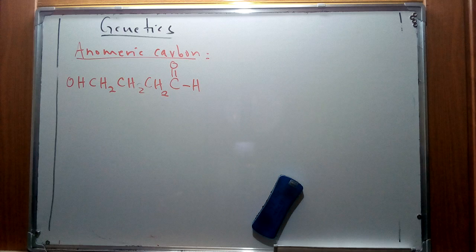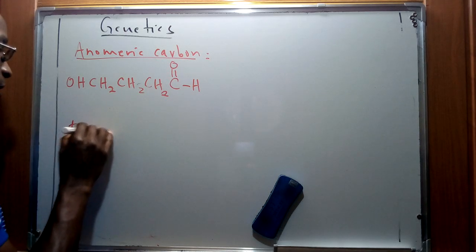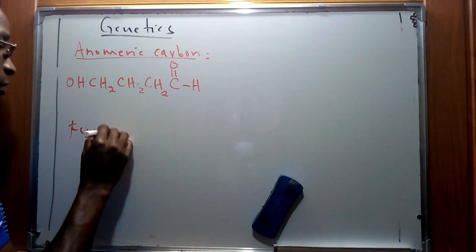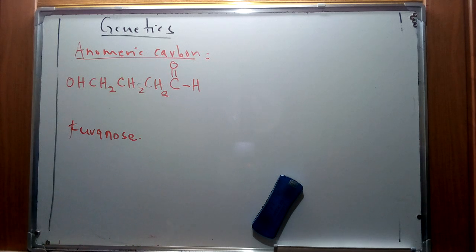I'm going to use that condensed formula for this molecule. Now I want to form a cyclic sugar by the name of furanose, so I'm going to look at this structure and try to see how I can achieve that.